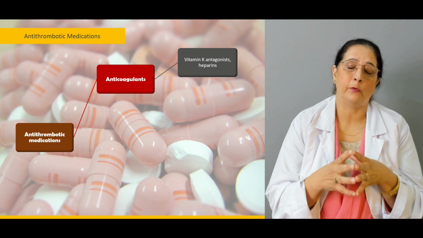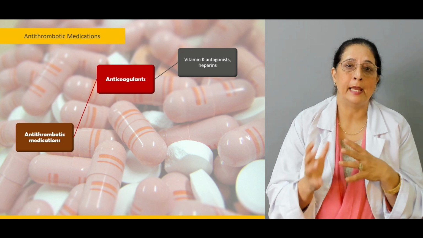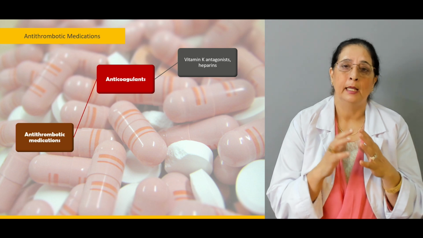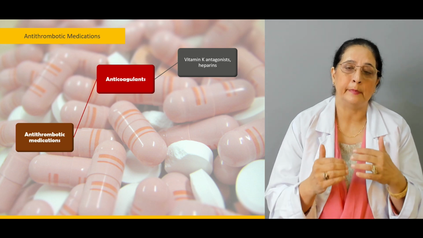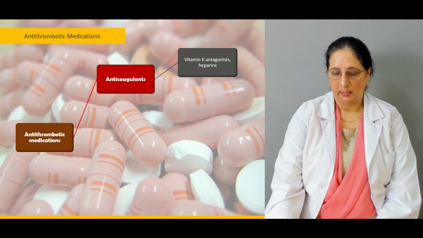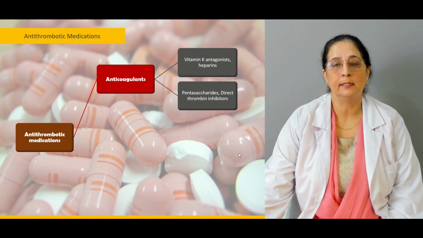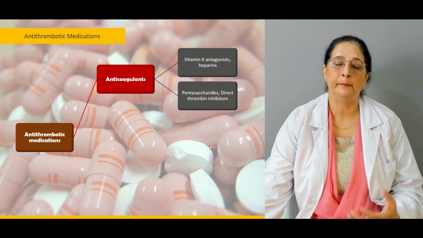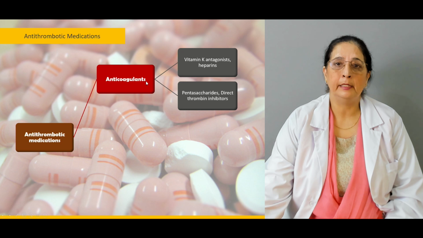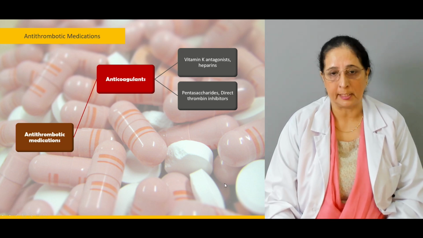Vitamin K is very important in controlling the bleeding. So when vitamin K antagonists are used, it leads to decreased level of vitamin K and there is bleeding. Similarly, heparin. The next anticoagulants are the pentasaccharides, and then we have some direct thrombin inhibitors also. These are the anticoagulants and they prevent the blood clotting.